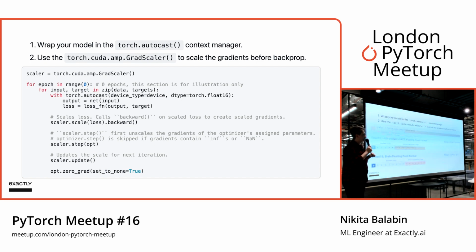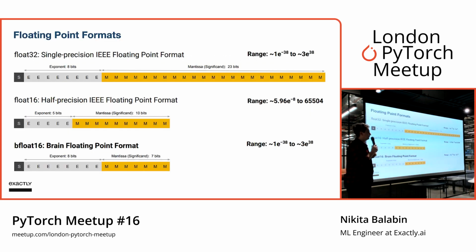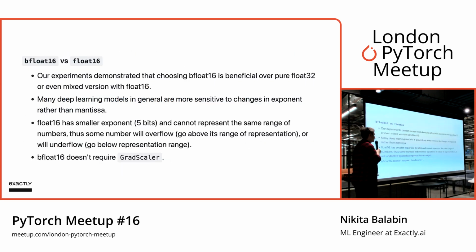And next slide, I really recommend using the new bfloat16 developed by Google, because it has the same number of bits for the exponent, and that's why it has the same numerical range. Using bfloat16, you don't need to use a scaler. You just change the precision of your weights and train your model. Nothing special.